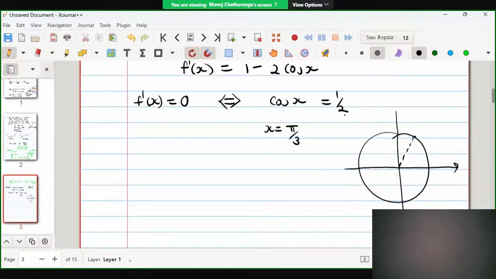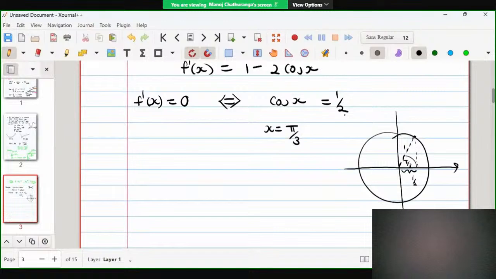Remember, cosine is adjacent divided by hypotenuse. Adjacent is the x coordinate. This way is 1/2, this height is 1, this is pi by 3.